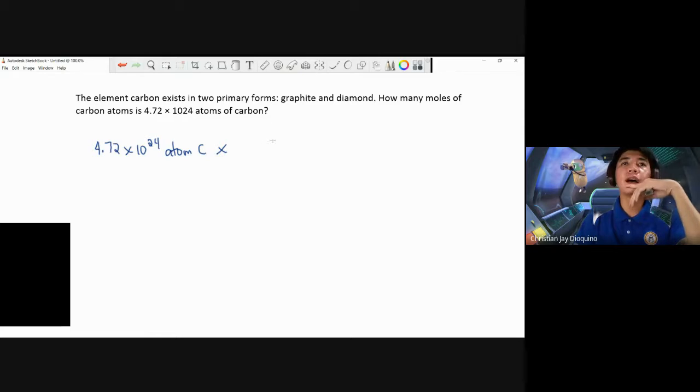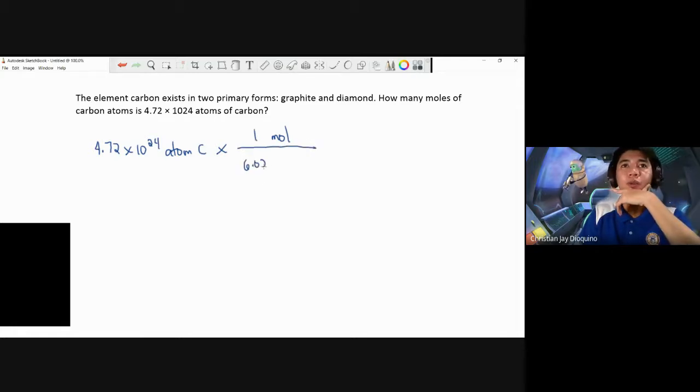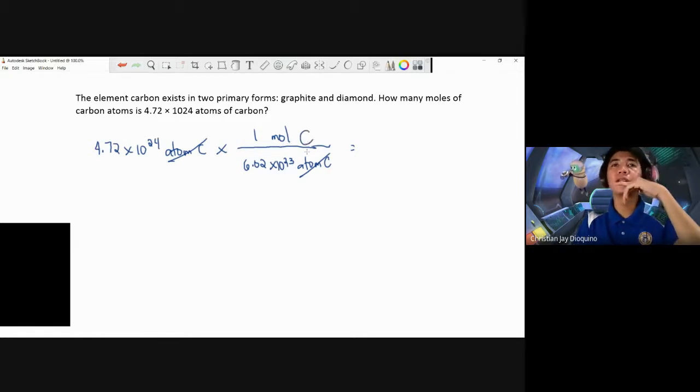Okay, so ang hahanapin natin as again, number of moles. So we will use the mole here sa taas. And for every 1 mole, there is 6.02 times 10 raised to 23rd. Then we have atom of carbon. Okay, so simple conversion lang, cancel natin to. Then matitira yung mole ng carbon.